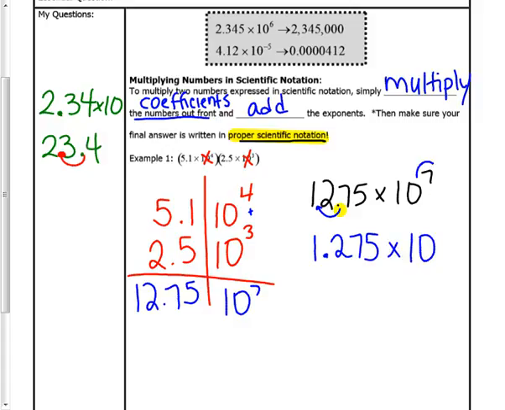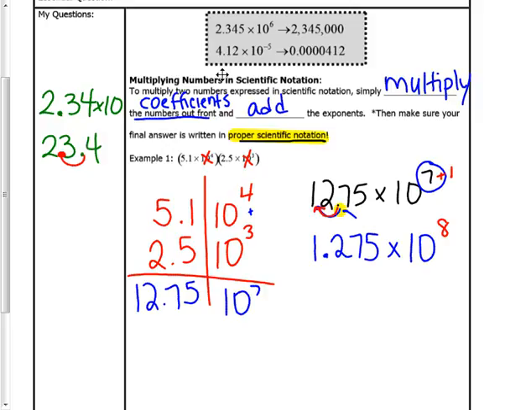Now this power right here tells us how many times to move the decimal place, right? If I were supposed to move 7 times, but I went ahead and moved the decimal an additional time right here because it was in the wrong spot, so if I moved it to fix it by 1 space, then I can increase this by 1. So that would make it 1.275 times 10 to the 8th power.